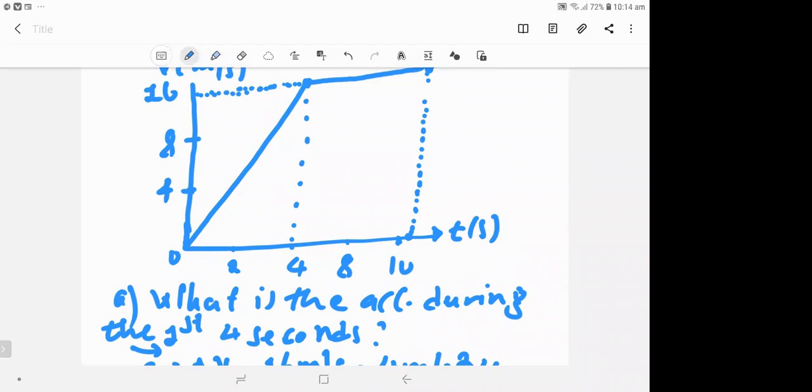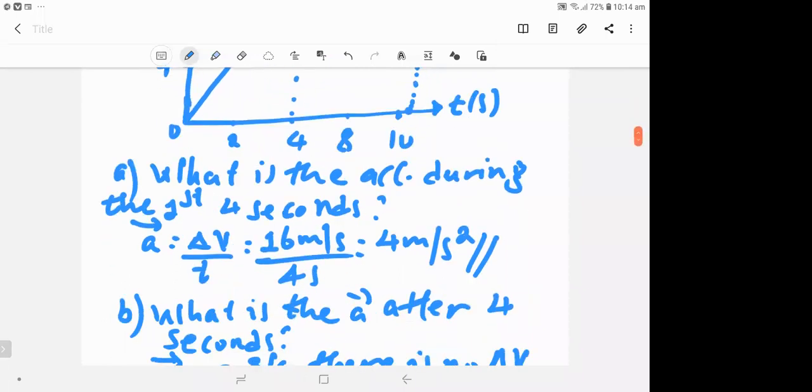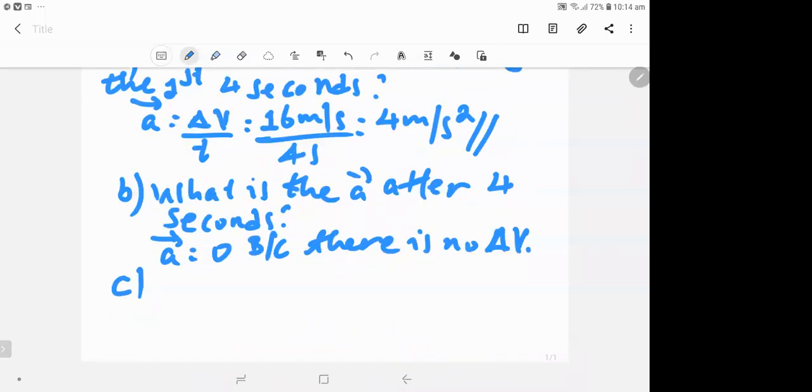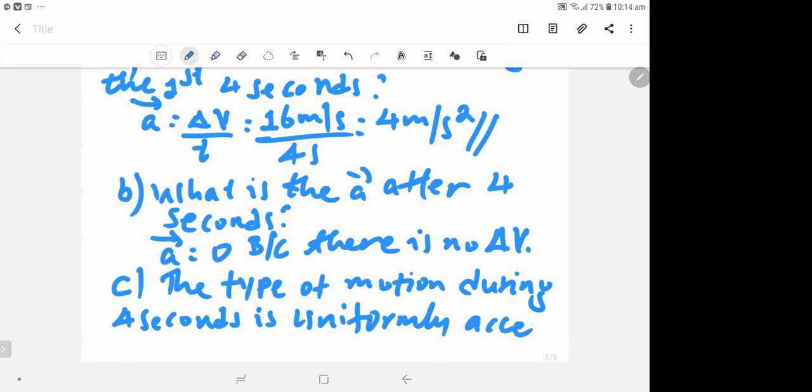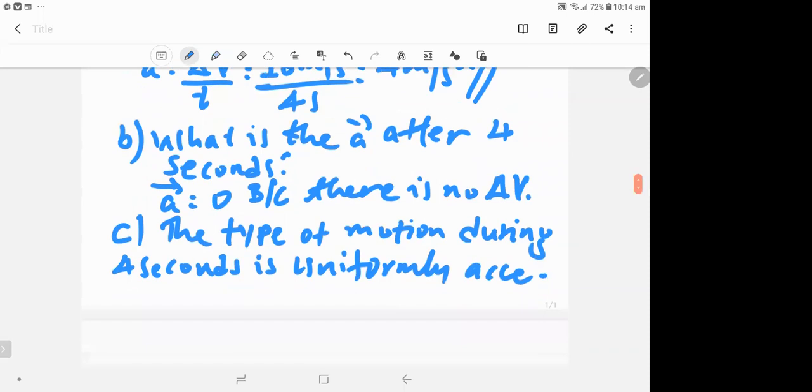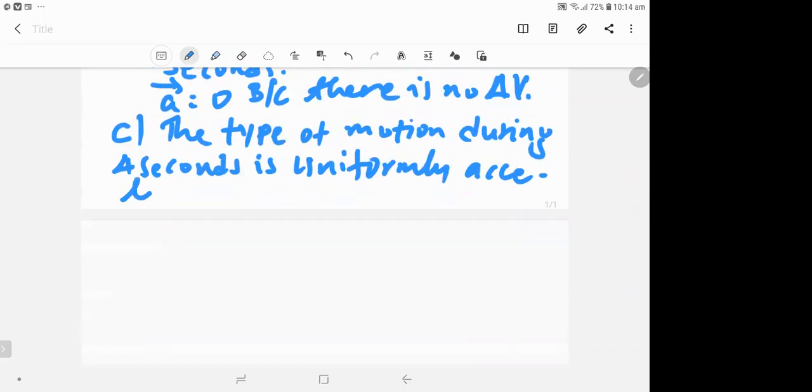The type of motion during the first 4 seconds is uniformly accelerated motion. Okay, thank you.